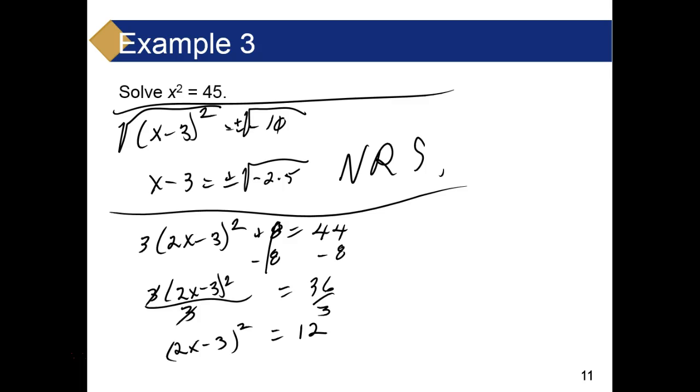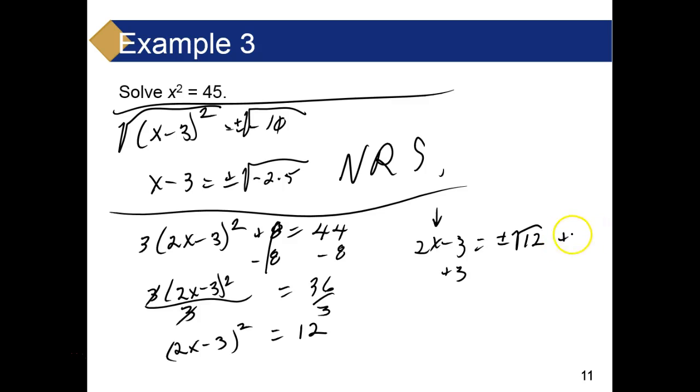You can take the square root of both sides. I'll go on and do that. And that would be 2x - 3 equal, what did I better put here? Plus or minus the square root of 12. And you could leave it there if you wanted to. Here's how they want you to do it. Go on and solve for x. Well, I'm going to do two things. First, add 3 to both sides.